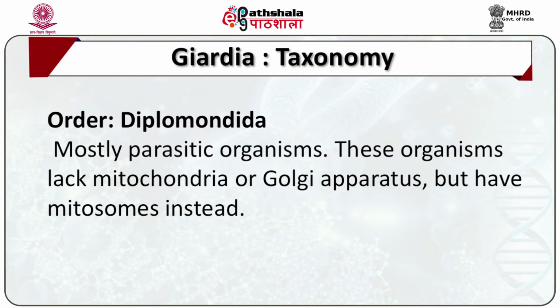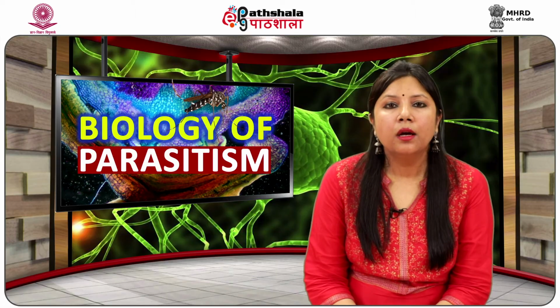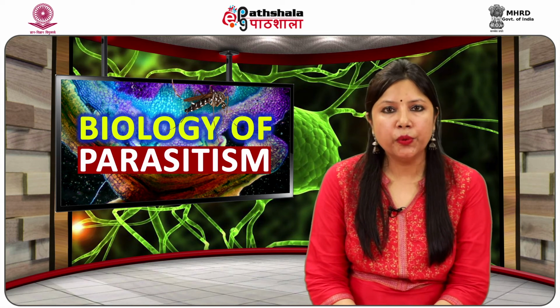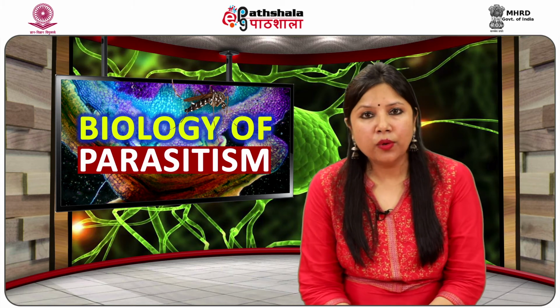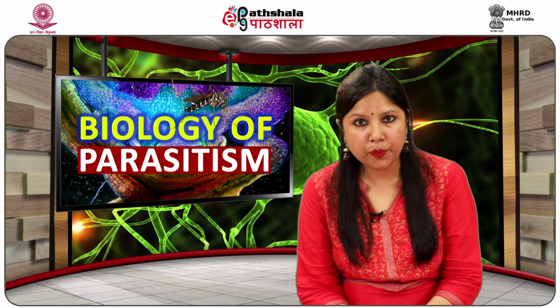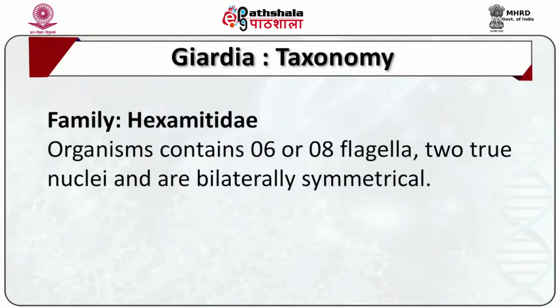These organisms lack mitochondria or Golgi apparatus, but they have mitosomes. A mitosome is an organelle located in a few unicellular eukaryotic organisms, and localization of iron-sulfur cluster assembly proteins has been reported in them. Giardia belongs to family Hexamitidae.